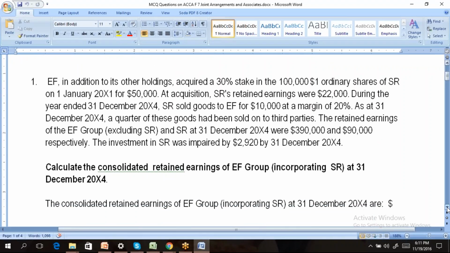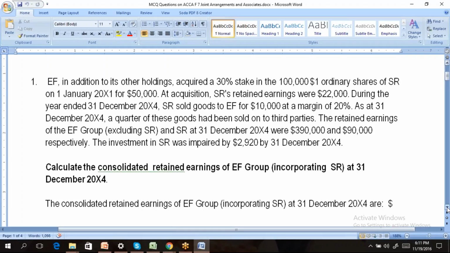So EF, in addition to its other holdings, acquired a 30% stake in the 100,000 ordinary shares of SR on 1st January 2001 for 50,000. At acquisition, SR retained earnings were 22. During the year, SR sold goods to EF for 10,000 at a margin of 20%.